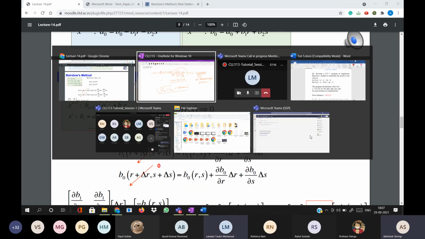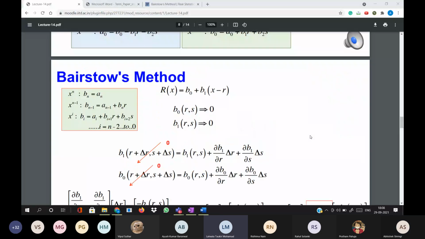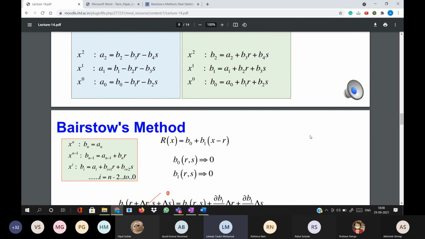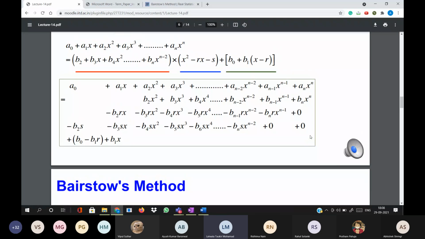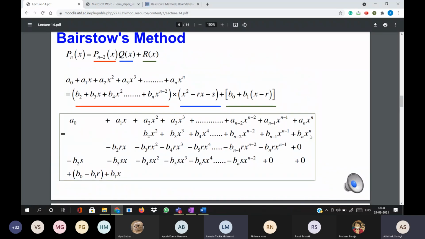Sir, I have a doubt. If we have a cubic polynomial and write it in that form, a linear times a quadratic, we will find r and s after the stopping condition, and then we will have the quadratic as our quotient. So for the linear part, do we need to divide the whole cubic by that quadratic?